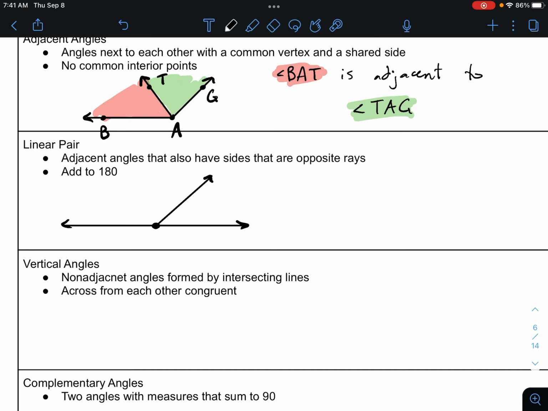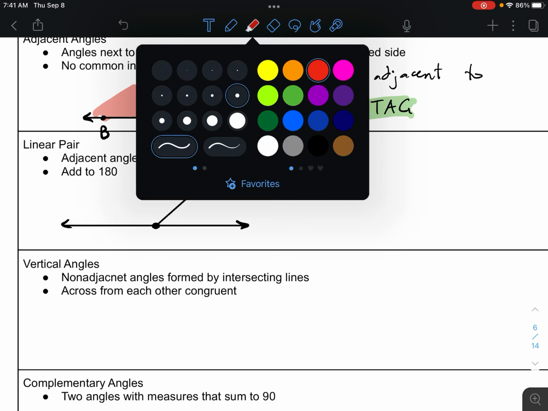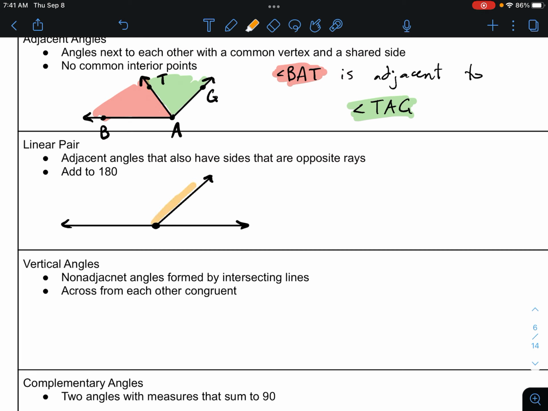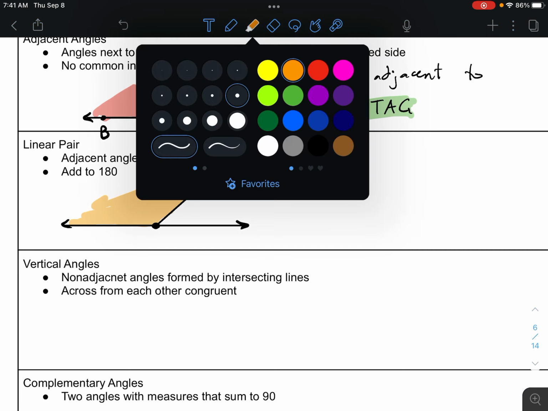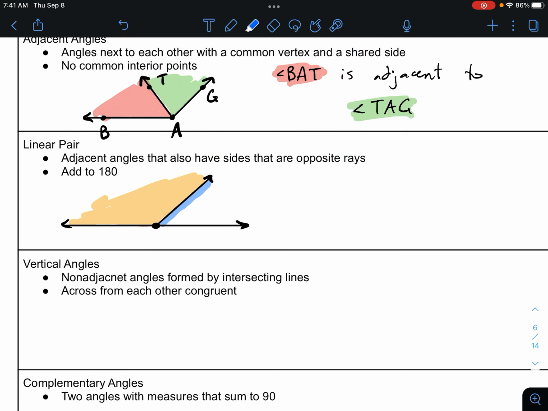Notice how I have now created two adjacent angles. There is a large straight angle here, but I've also created two other smaller angles. If I highlight, we've got this larger obtuse angle here, and in addition to this larger obtuse angle, we've got this smaller acute angle.